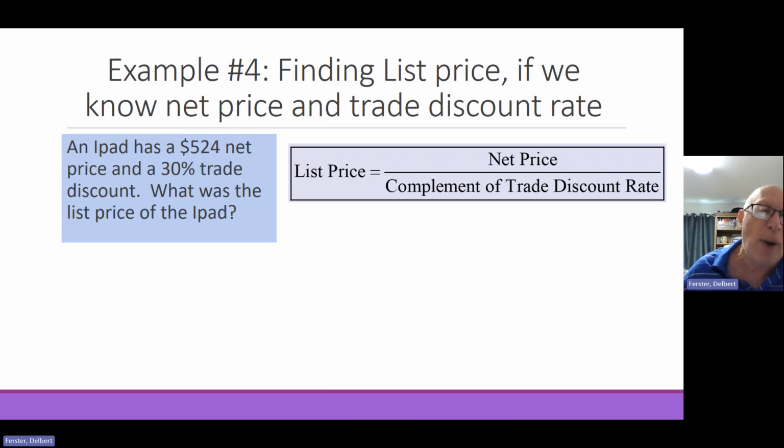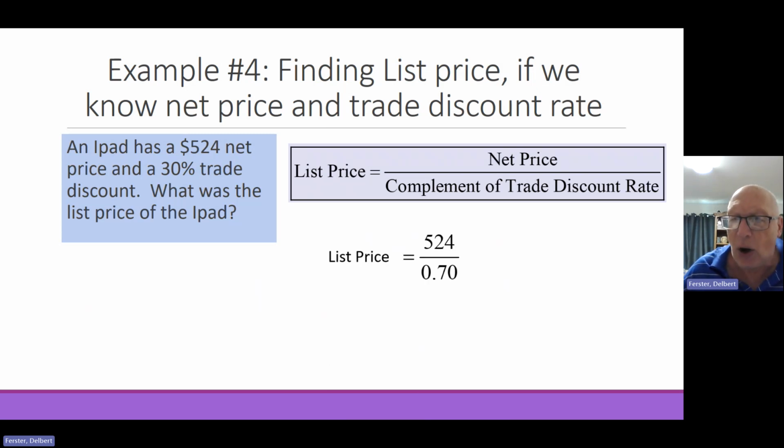So suppose for a second we have an iPad here, and it's got a $524 net price, and we are subject to a 30% trade discount. We're wondering what the list price of the iPad was. Well, we know it's higher than $524, okay? So we'll look at the complement of that 30, and again, it's 70%.